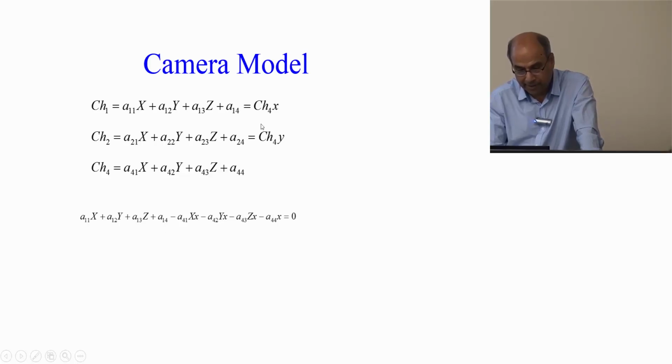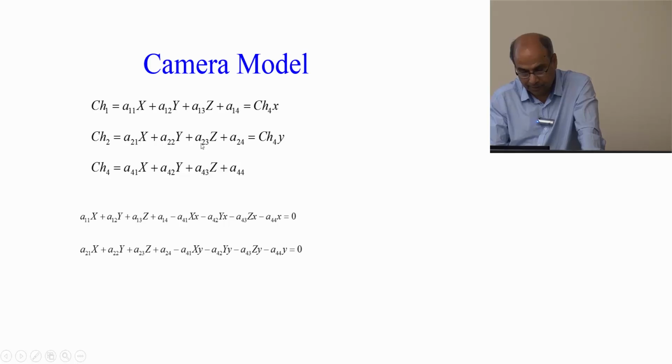Then we bring to this side CH4 times x. Since this is CH4, it becomes minus a41 uppercase X times small x, minus a42 uppercase Y times small x, minus a43 Z times x, and minus a44 times x. This we get from the first equation. Similarly, we get the other from the second equation.